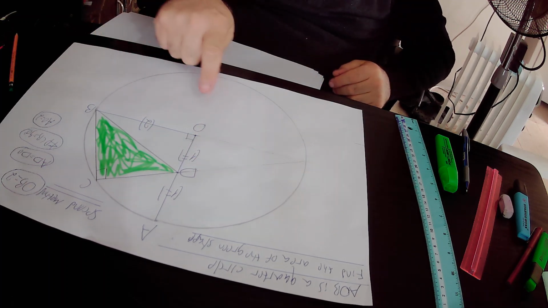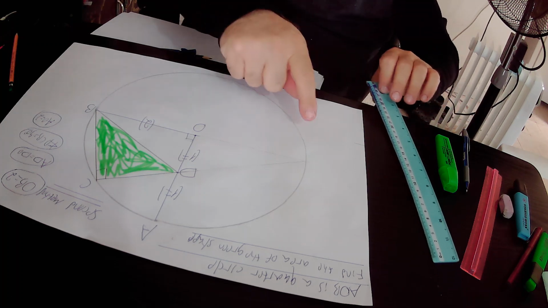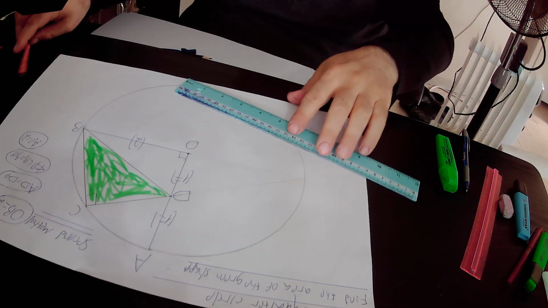We extend the radius BO by a straight line until it touches the circle.